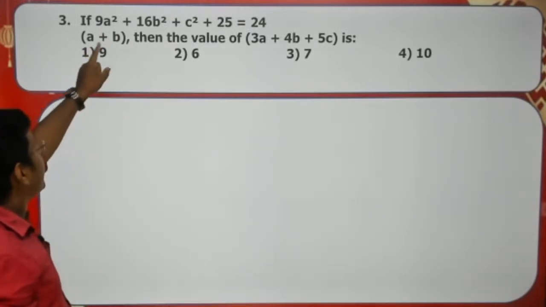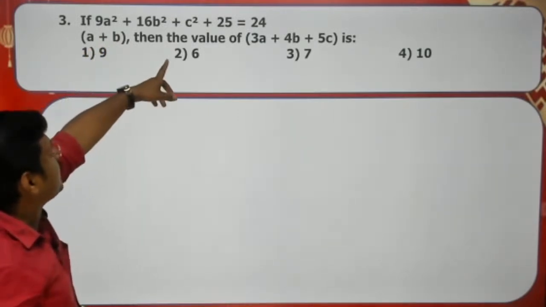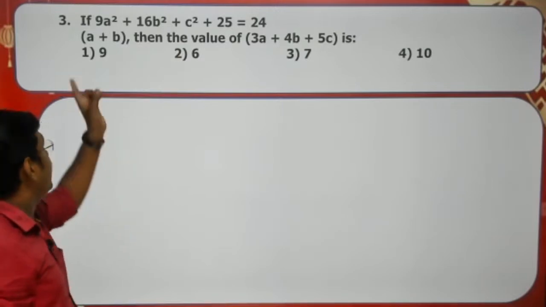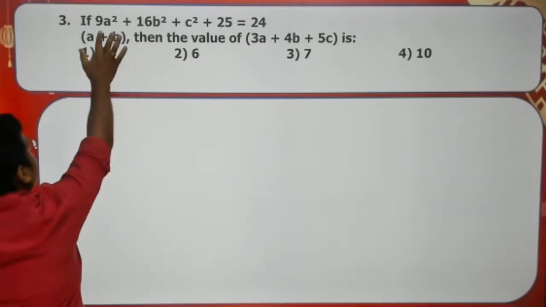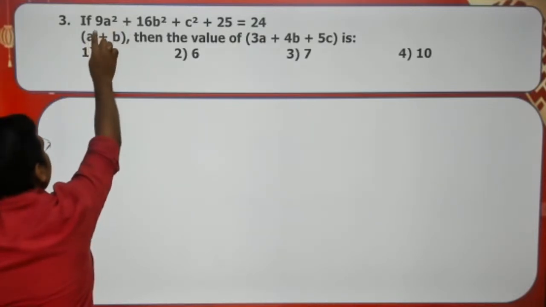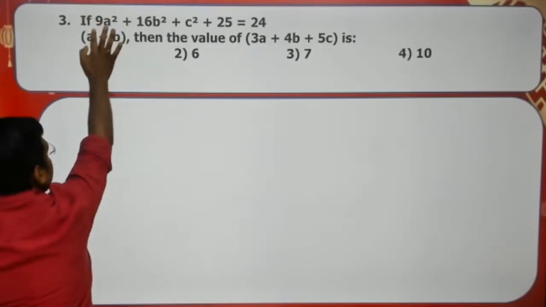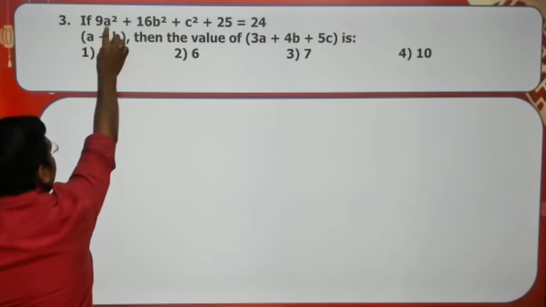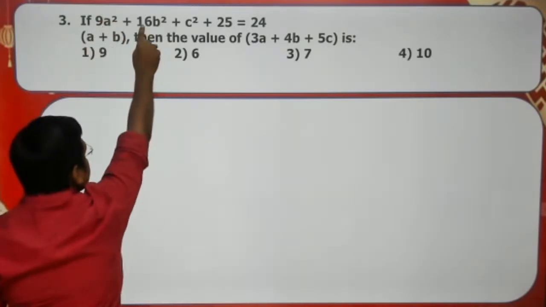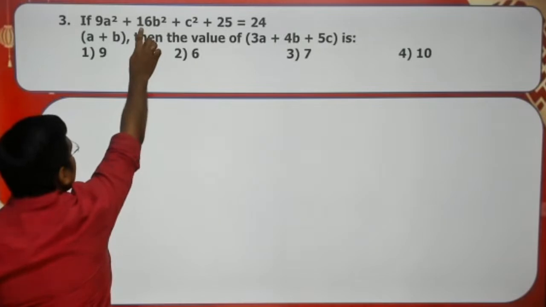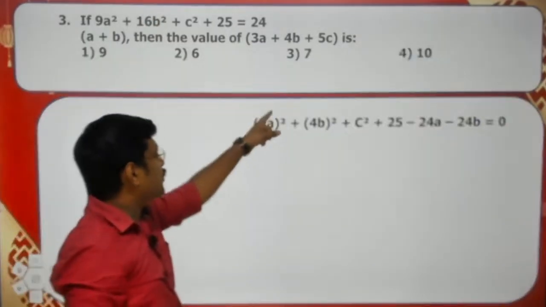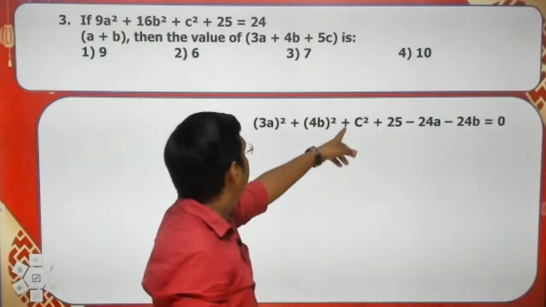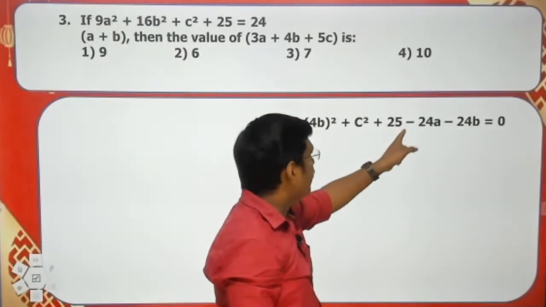Listen, 9a square plus 16b square plus c square plus 25 is equal to 24 into (a plus b). How can we solve this? Here, as you can see, we can write 9a square. Actually 9 is 3 square, right? So we can write this as (3a) the whole square, and here also 16 is 4 square, so we can write this as (4b) the whole square. So I am writing like this: (3a) the whole square plus (4b) the whole square plus c square plus 25 minus 25.